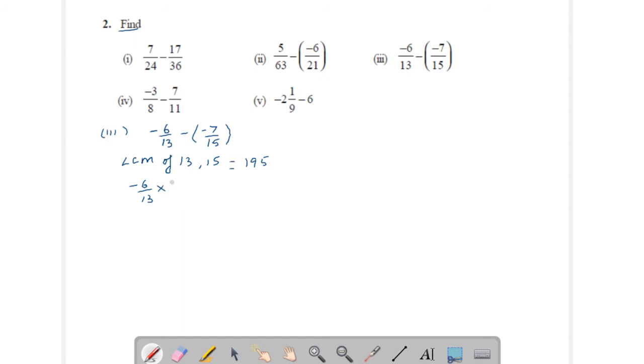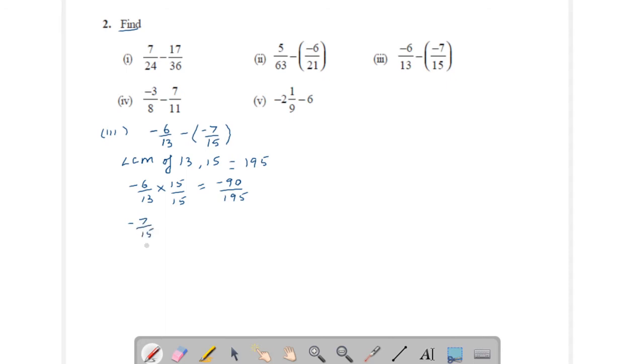Multiply numerator and denominator by 15. You will get minus 90 upon 195. Take second rational number, that is minus 7 upon 15.